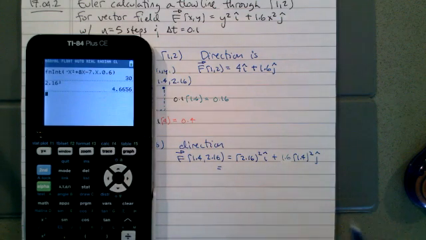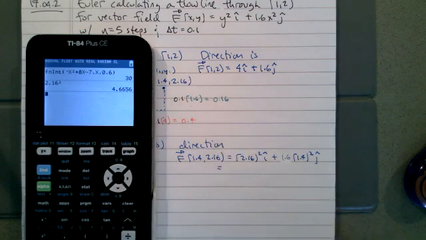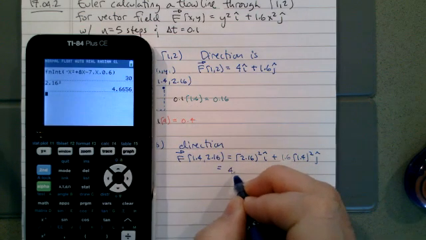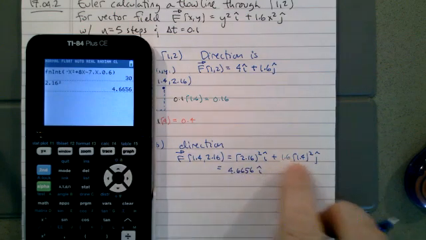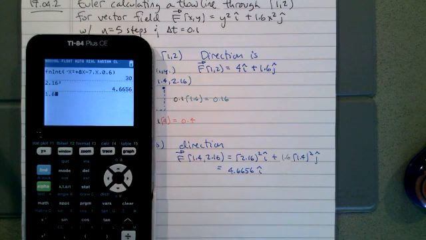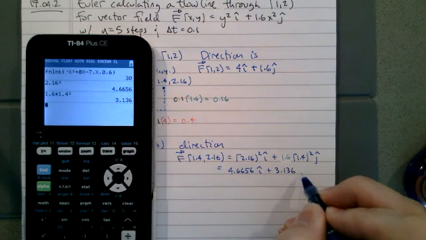But that's just too much. And it says 3 decimal places. Whoa, 3 decimal places. So I'm going to carry 4 decimal places because I know I'm going to be multiplying by 0.1. So I'm just going to carry a lot of extra stuff. 4.6656 i hat, and then 1.6 times 1.4 squared, 3.136 times j.